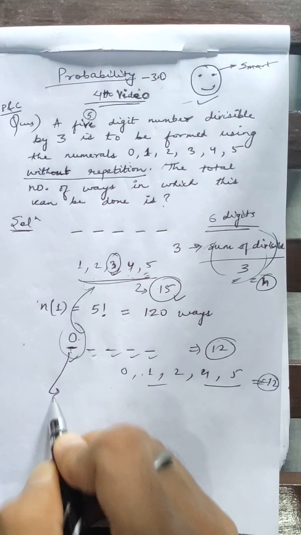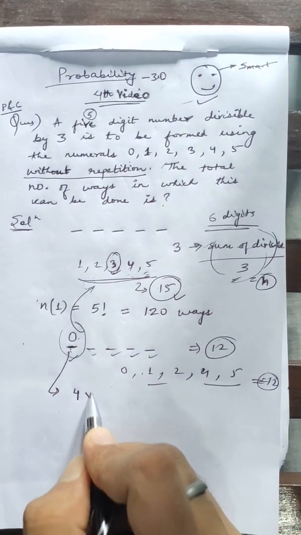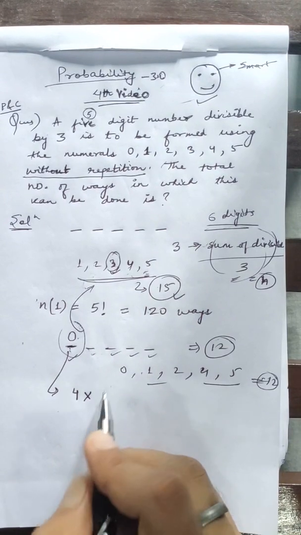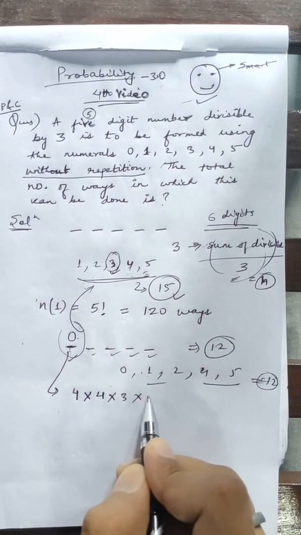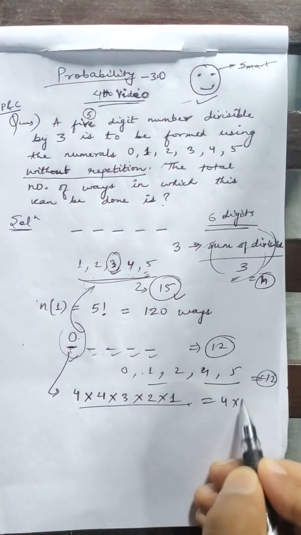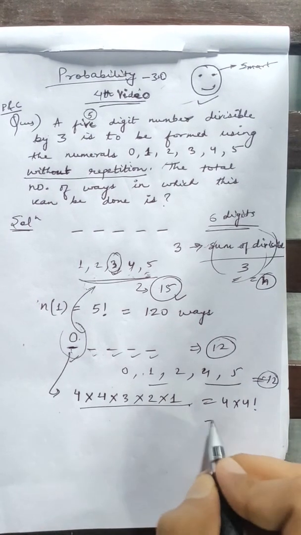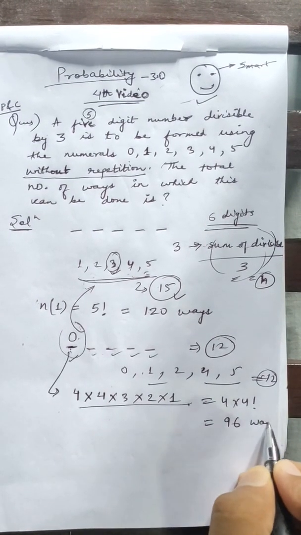So how many numbers can we put on the first place? Only 4, right? And on the second place, how many numbers can now be put? 0 can be put here, so here can be 4, and on the third place 3, and 2, and 1. This is equal to 4 into 4 factorial, and this comes out to be 96 ways.